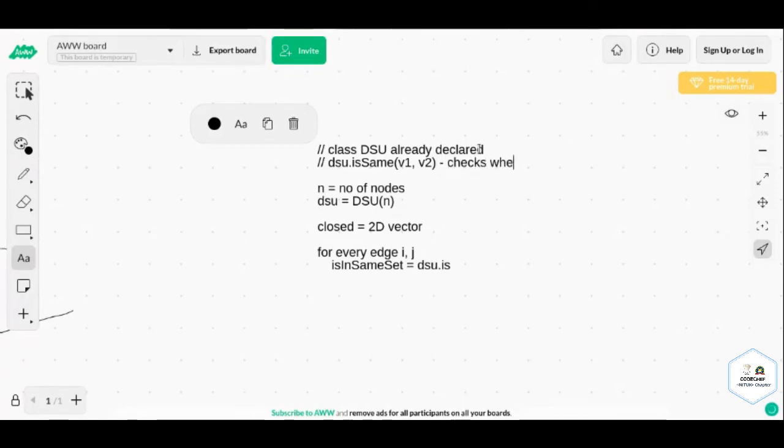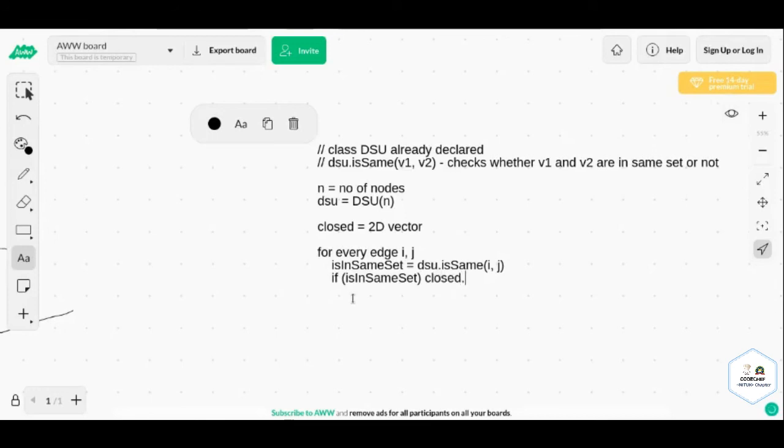It checks whether v1 and v2 are in the same set or not. So we check if i and j are in the same set.